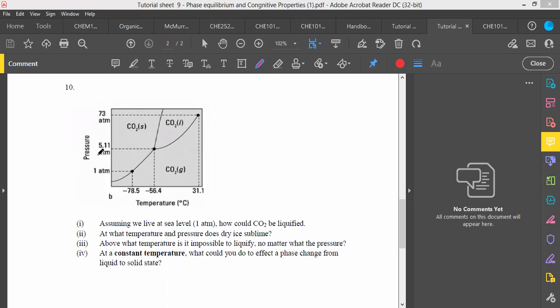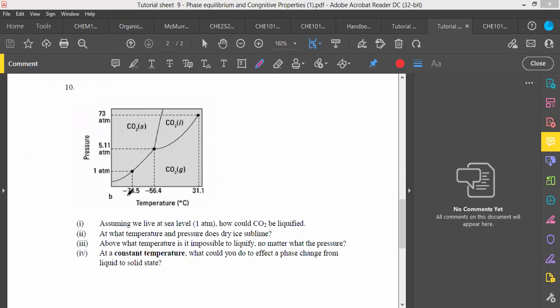That boiling is what is referred to as the normal boiling point. So the normal boiling point happens at standard pressure, which is 1 atmosphere.